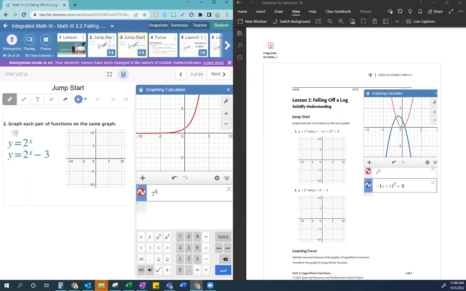Because if you can get why it moves down 3, then you're a little bit ahead of the game, okay? Because when I get to the logs and stuff, when we move things around in that way, it makes more sense, okay?